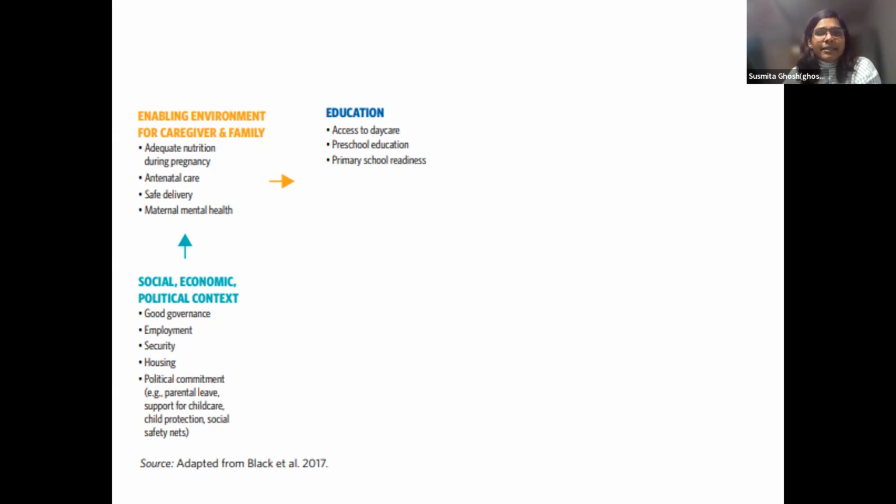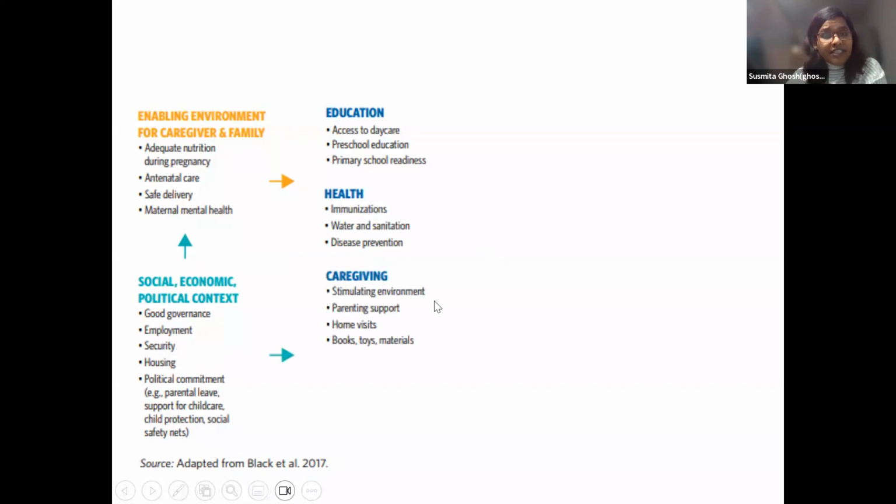That might be education, such as access to daycare or primary school readiness, or health, such as improved water and sanitation or disease prevention, and responsive caregiving, such as parenting support and home visits, or having learning materials such as books or toys, or a stimulating environment, and nutrition such as dietary diversity and breastfeeding or micronutrient and macronutrient supplementation.